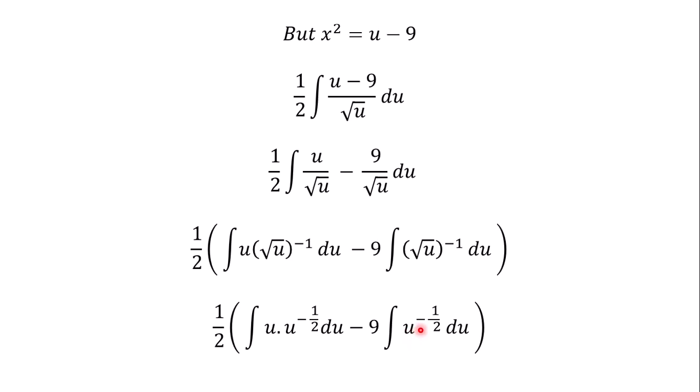So u raised to the power minus half, that one, you just maintain it. You just maintain this one and work on this one, and whatever we get after adding the powers, we integrate. And when we integrate this one, you also integrate this one alongside.